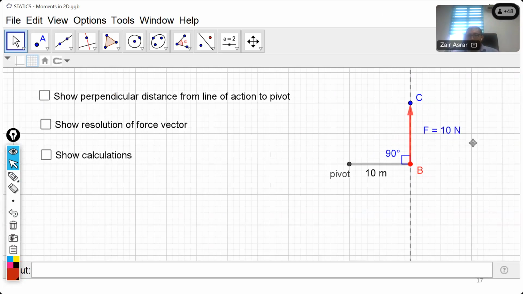We have a force, the magnitude of force is 10 Newton, and we have a pivot point, M. The distance between the line of force and the pivot point is 10 meter.